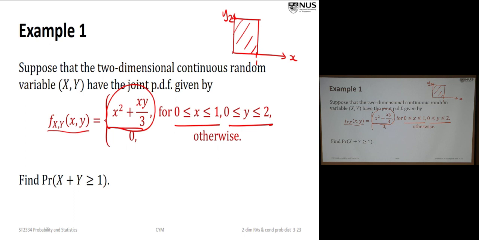It is 0 otherwise, and within this region it is positive, because x and y are positive. The second thing we have to check is that the integral of the PDF over the whole real plane is 1.